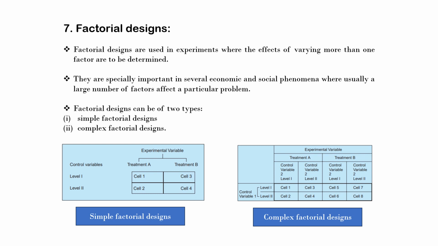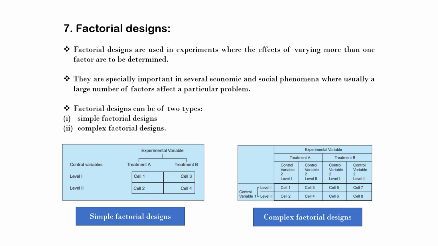And when the experiment is done with more than two factors, in that case we call it complex factorial design. The simple factorial design is also termed a two factor factorial design. In this design, the extraneous variable is controlled by homogeneity and is called the control variable, and the independent variable which can be manipulated is called the experimental variable.